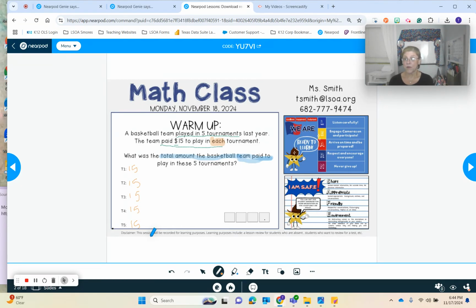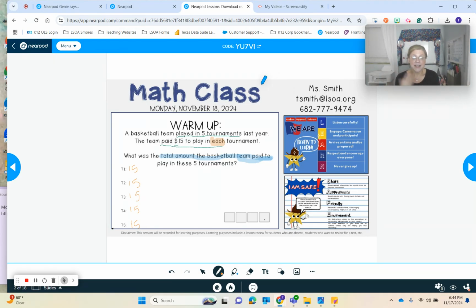I highlighted that word each because it meant something to me. Who knows what that meant? And you're like, Miss Smith, this is a recording. You can't hear me yell it at you. Could you just write that really quickly right up here, like the symbol, what it means?